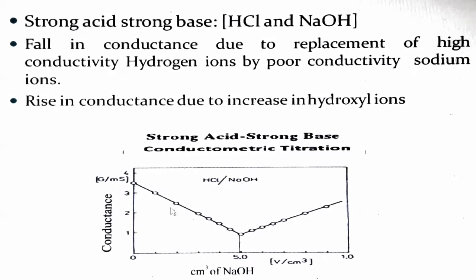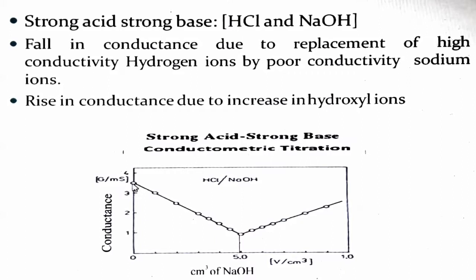Why is this happening? Here we have to understand that the conductance of H+ ions is maximum, while the conductance of OH- is also very high, but as compared to H+ ion, the conductance due to OH- ion is less.